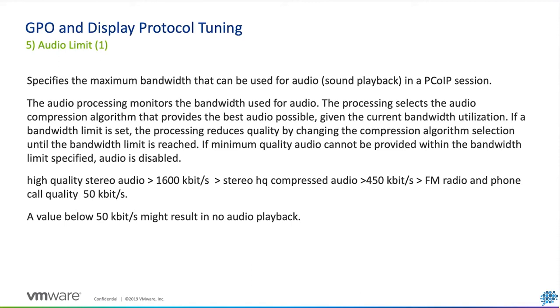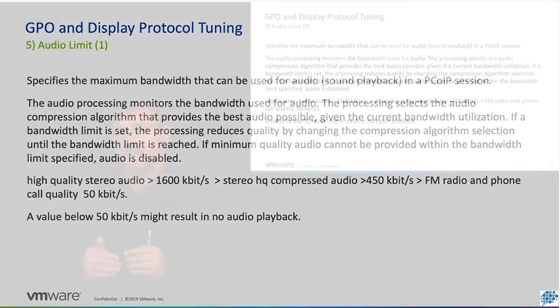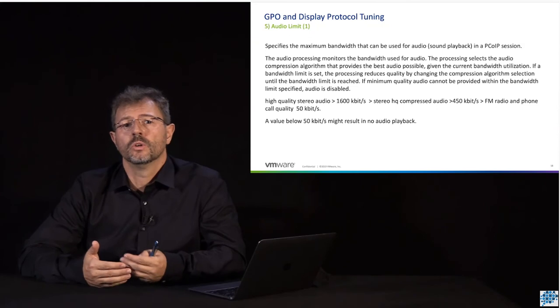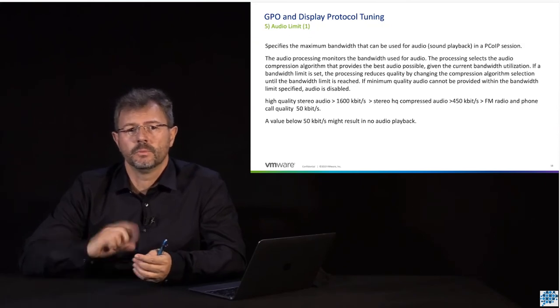If you have more than 1600 kilobits per second for your audio stream, you will have high quality stereo. But when you go down, let's say bigger than 450, you still have stereo, but it's high quality compressed. If you go even further down, the quality will go down and down. And if you have too little bandwidth, PCoIP will turn the sound off.